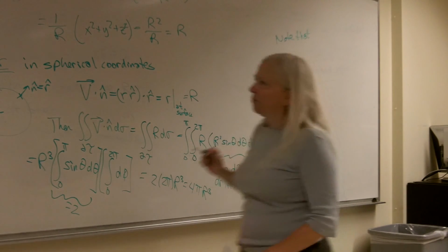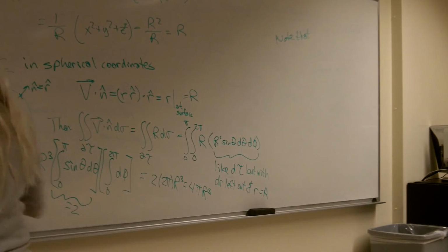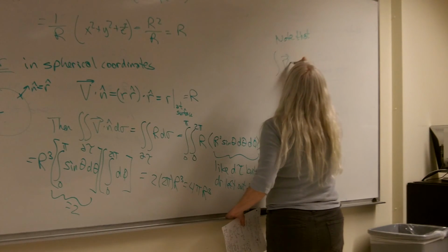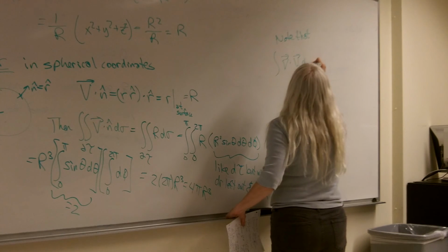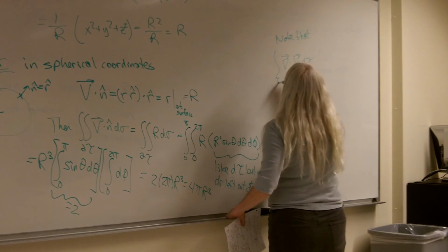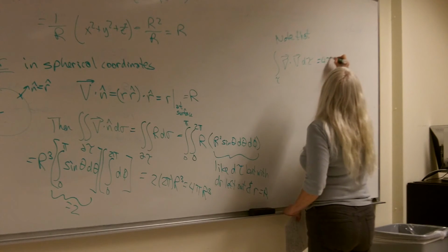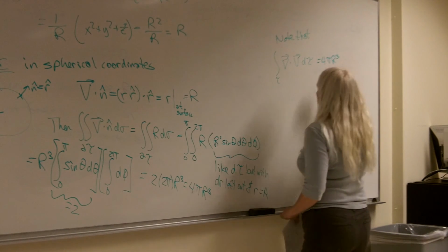And so notice that we've evaluated both sides of the divergence theorem. We've evaluated the divergence of V, integrated over the volume of this sphere, and we got 4 pi capital R cubed.